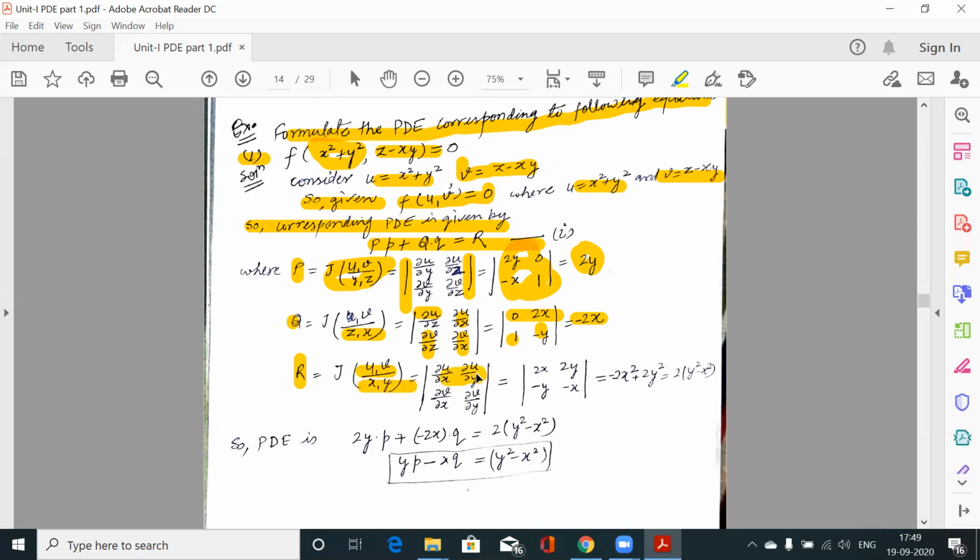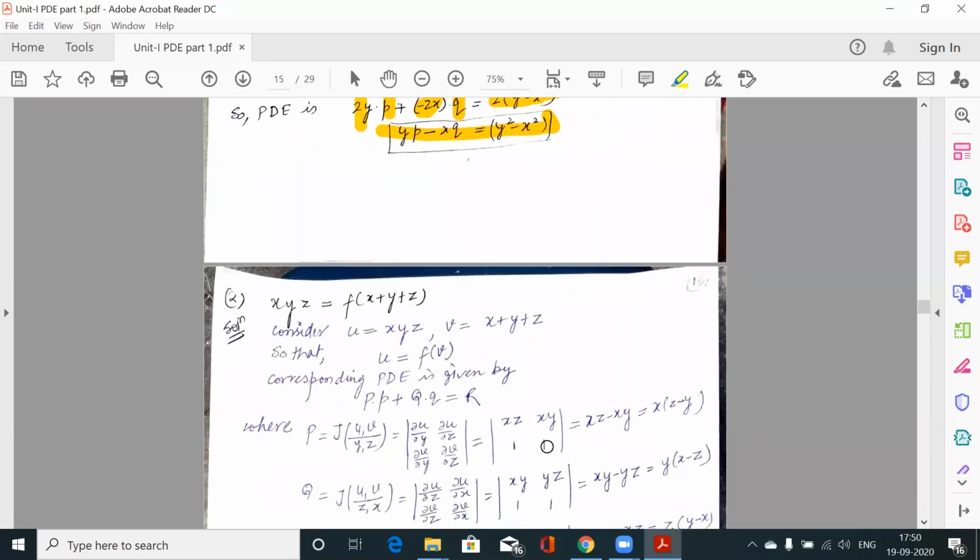So del U over del X, del U over del Y, del V over del X, del V over del Y. Now substituting the values of u and v, we are getting 2y square minus x square. So just substituting these values of capital P, capital Q, capital R in equation 1, we are getting our answer. Capital P is 2y into small p, capital Q is minus 2x into q, is equal to capital R, which is 2y square minus x square. So this is our answer.